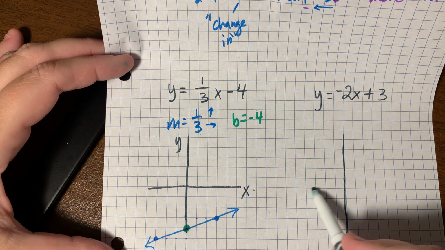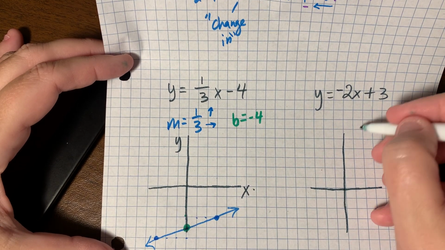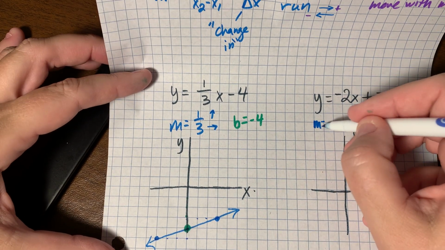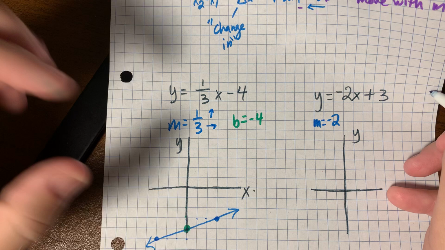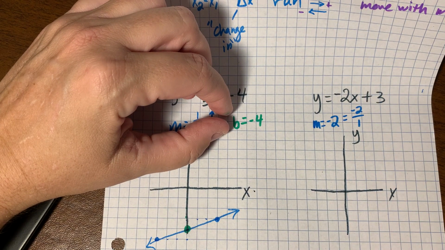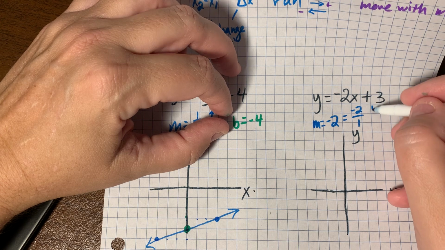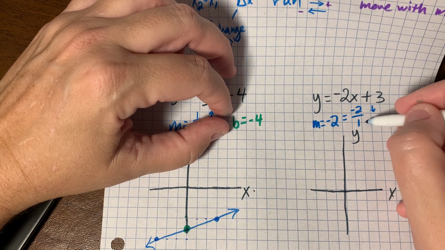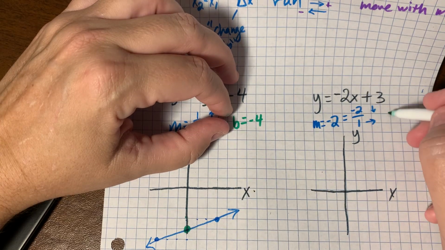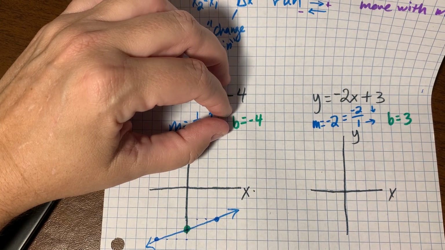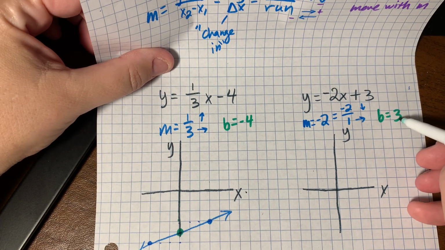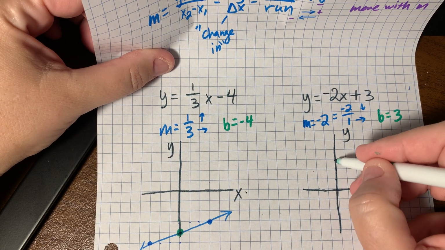In the next one, our slope this time is -2. But I need a ratio. So I'm going to rewrite that as -2 over 1. -2 means go down, +1 to the right. The y-intercept this time is 3. When I'm ready to do my graph, I begin with b, 1, 2, 3.